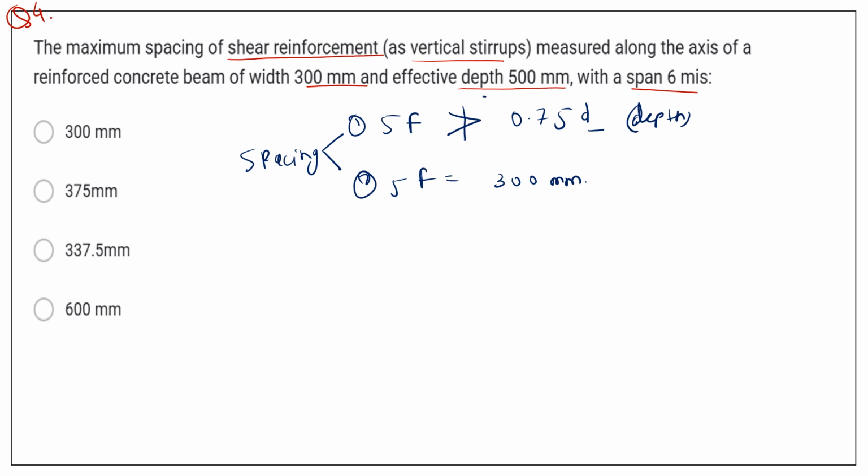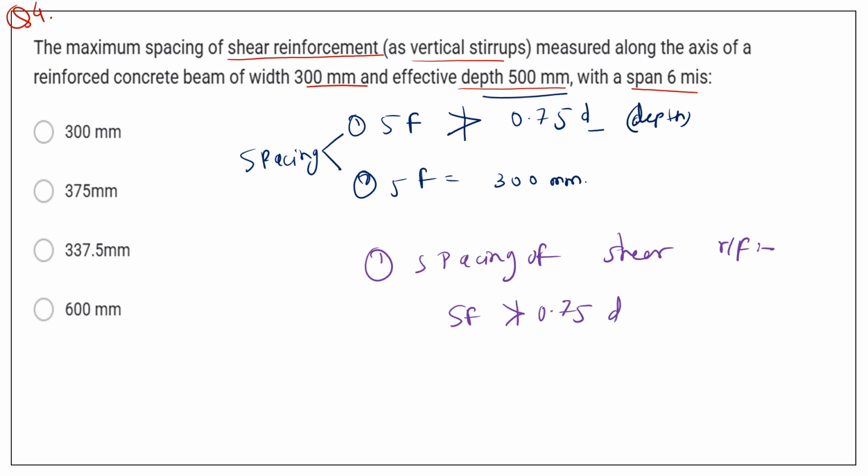Here the depth given is 500 mm, so we'll put the given value into the formula. The spacing of shear reinforcement should not be more than 0.75 d.